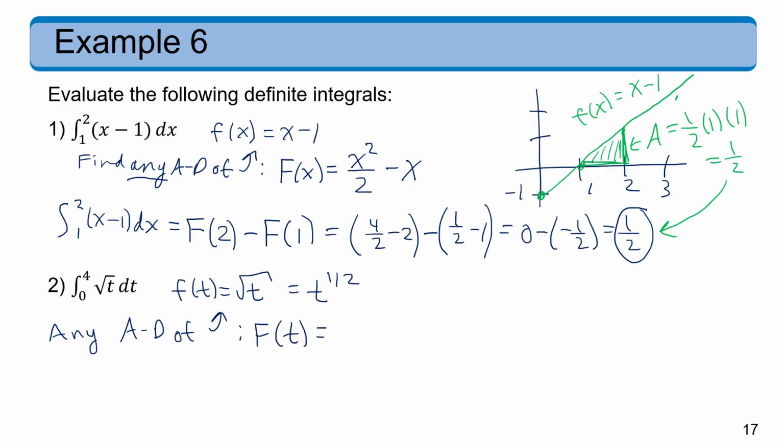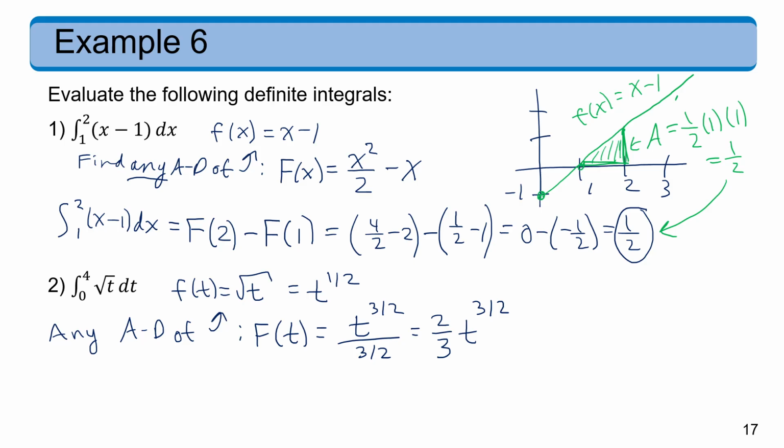So we use the power rule backwards. We increase the power by 1, so 1/2 plus 1 is 3/2. And then you divide by the new power, which is 3/2. Dividing by 3/2 is the same as multiplying by 2/3. So we could write this as 2/3 t to the 3/2.